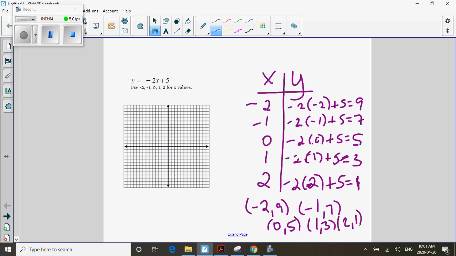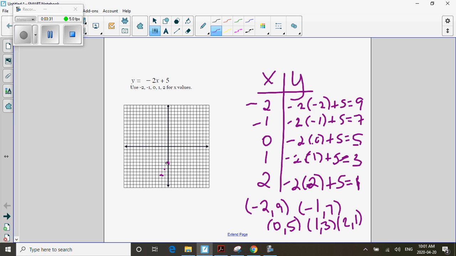This is a small grid. 1, 2, 3, 4, 5 is right here. And then negative 1 and 7 would be here. And then 0 and 5 is right there.